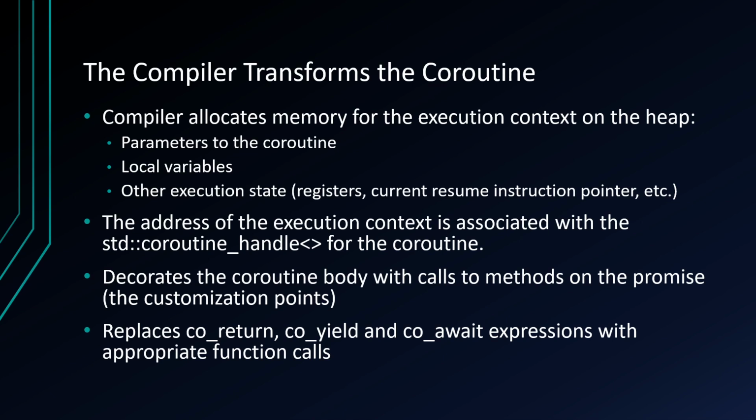So the compiler is going to be able to inline your customization directly, so it's not going to result in an additional indirect function call through a virtual table or anything like that. And the co-return, co-yield, and co-await expressions are also going to be replaced with function calls relating to the promise type. So everything that the coroutine does in terms of its unusual behavior, which is its ability to be suspended and resumed, is all connected to the promise type by the compiler.